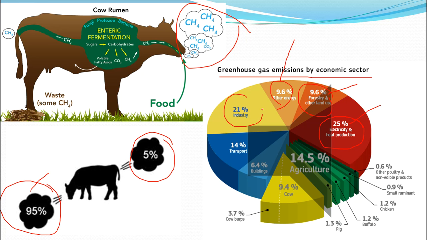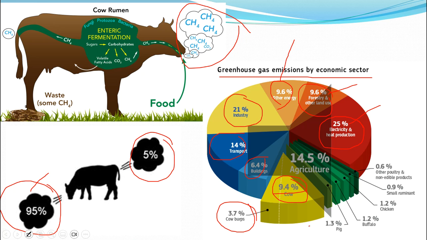Then 21% is from industry. Then 14% is from transportation, whereas 6.4% is from buildings, whereas 3.7% is from cow buffalo especially, whereas cows are contributing to the extent of 9.4% only.